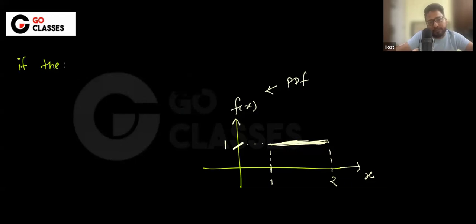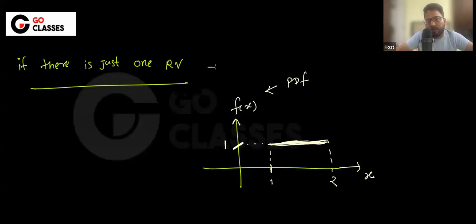If there is just one random variable, we used to say that, okay, this is from 1 to 2. And based on this, this may be a straight line. If this is a straight line, then the area is something.